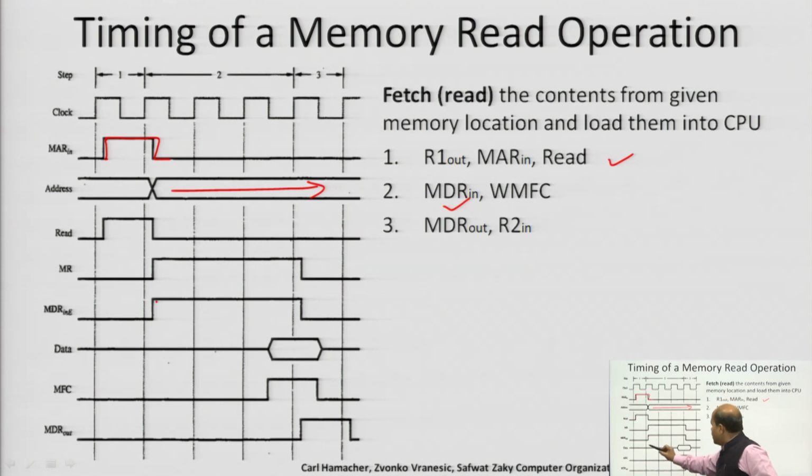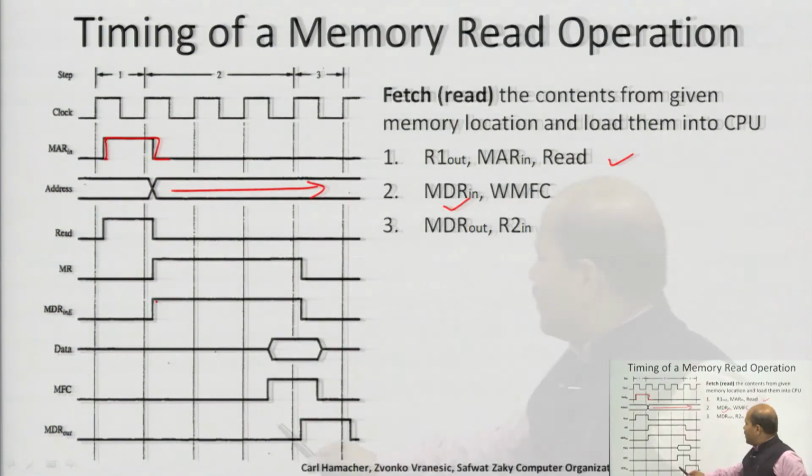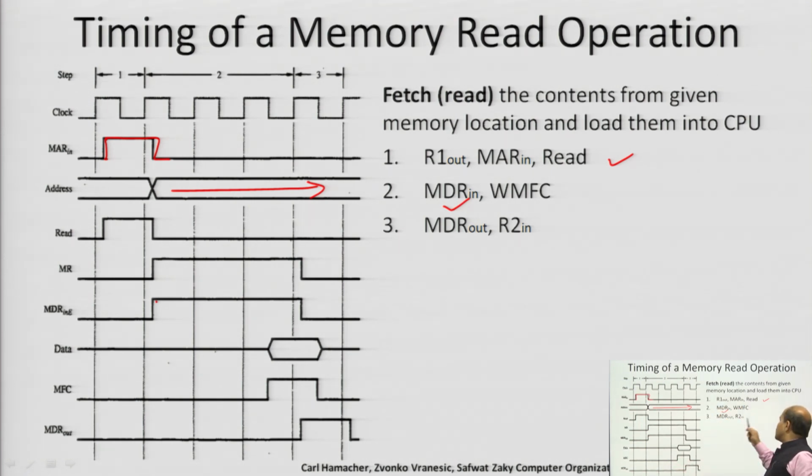Now, you can see after some clock cycles or few steps, as we know the memory fetch operation or memory data transfer operation is much slower, it will take a few clock cycles. After a few clock cycles the data is available with MDR, and memory function complete is high, meaning once the memory transfer operation is over, the memory function complete signal will be enabled, and we can transfer the data from MDR to a particular register, that is R2.